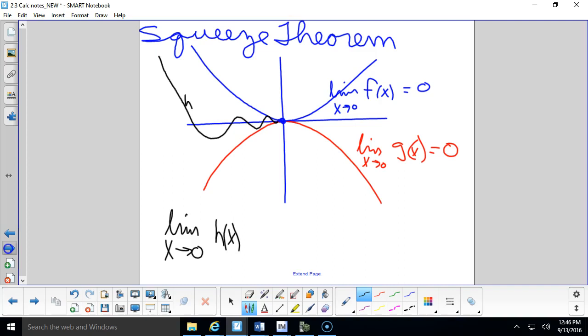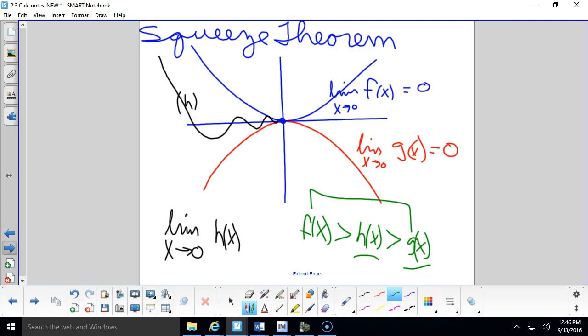Well, if I somehow know that this is true, that the black function is above the red line and below the blue, and if these two guys approach the same value, and the black one's always in the middle, does it make sense?